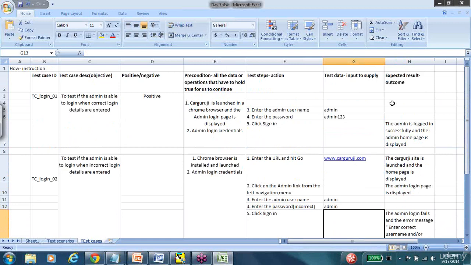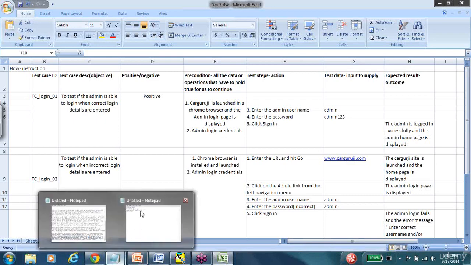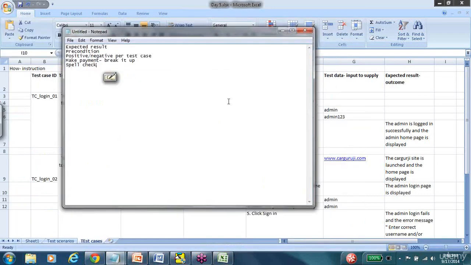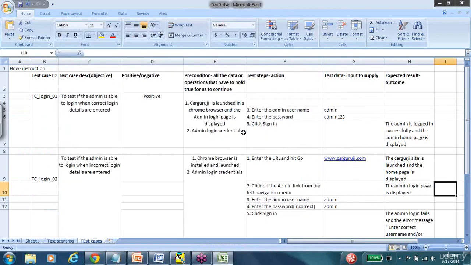But I would not recommend it, because when you are testing it sequence-wise, what if an intermediary step fails? What if the admin login page is not getting displayed? In that case, I would not have a proper recording mechanism to give me the insight on exactly where things did not work. So that's why, at least while you're practicing, make sure that there is an expected result for every test step that you're writing, wherever applicable.